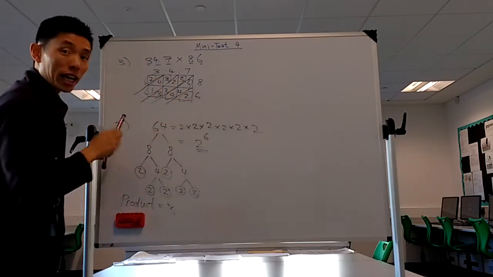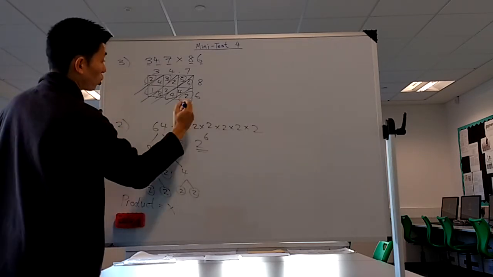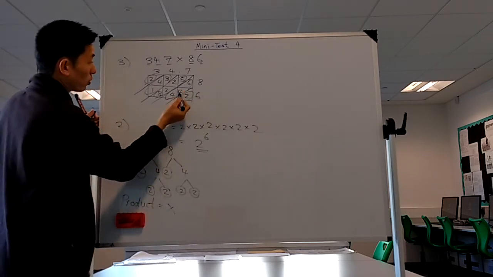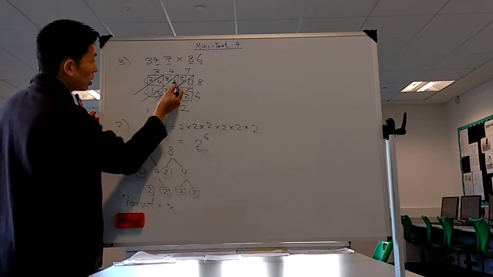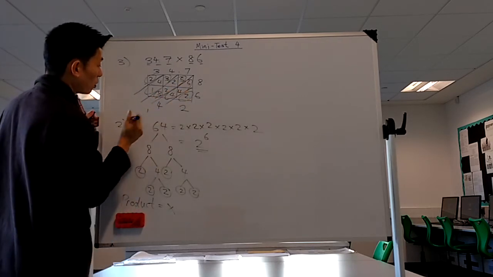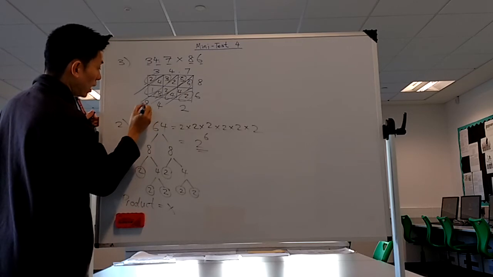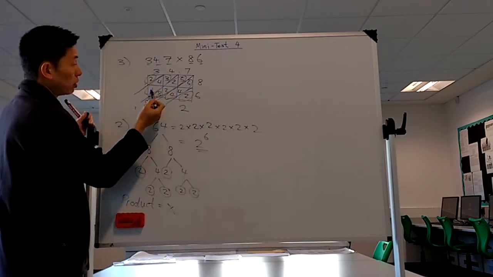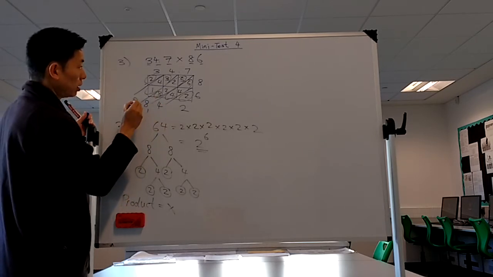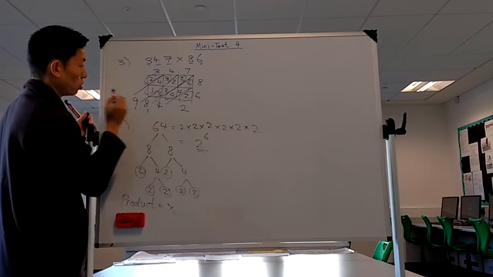On the right hand side first, I've got a 2. 6 plus 4 plus 4 is 14. 8 plus 2 is 10. 10 plus 7 is 17. Add the 1, 18. Carry 1 forward. 4 plus 3 is 7. 8, 9. And then just 2.